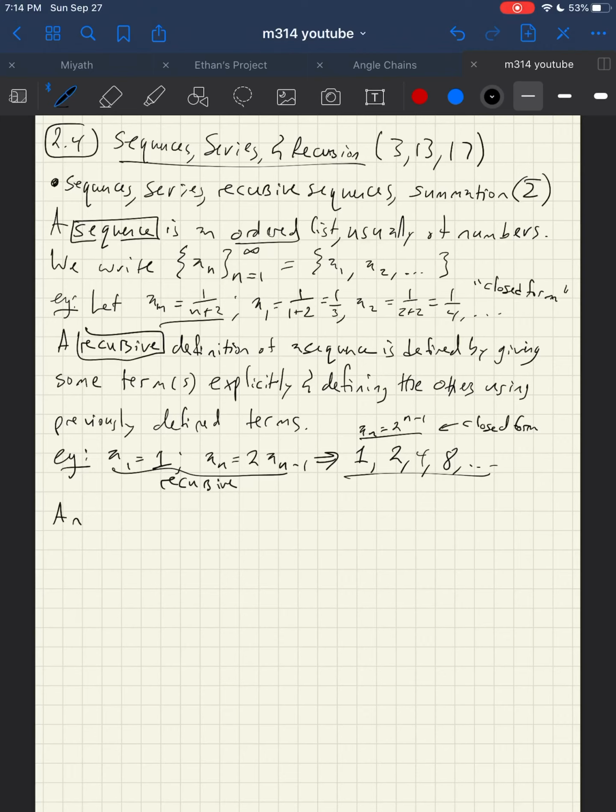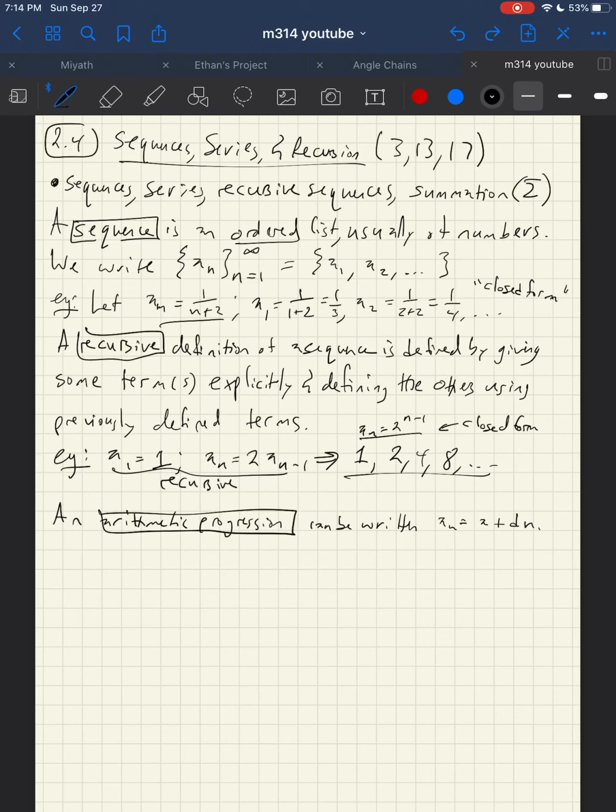An arithmetic progression can be written as a sub n equals a plus dn. At each stage n, we're adding the same difference again and again.